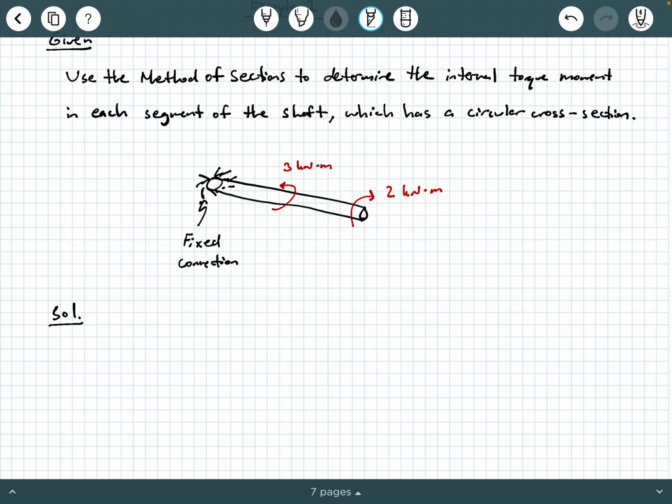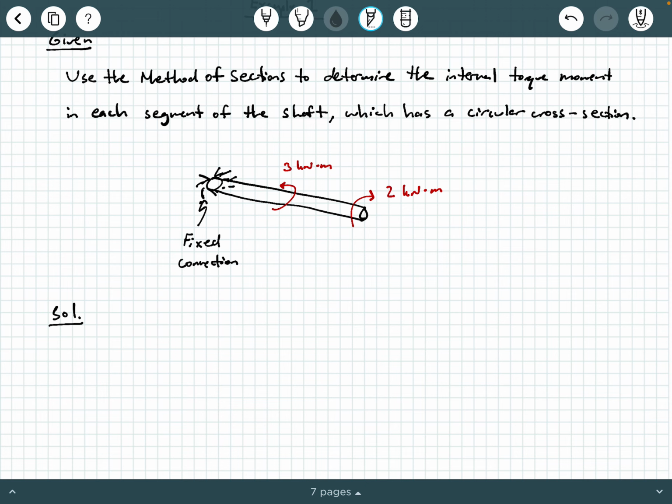Here's what I'm going to do. I'm going to start at one end of the shaft and cut a section through the middle of a segment, and then cut another section through the other segment after something abrupt happens. The 3 kilonewton meter torque moment represents an abrupt change somewhere along the length of the shaft.